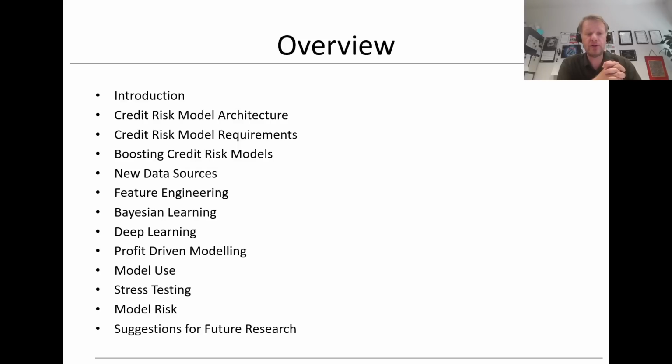We're going to elaborate on how you can boost credit risk models in terms of leveraging new data sources and doing clever feature engineering. We're going to talk about Bayesian learning, deep learning, profit-driven modeling, and how you can and should use credit risk models not only for risk purposes, but also integrate them with the revenue generating business lines, etc.